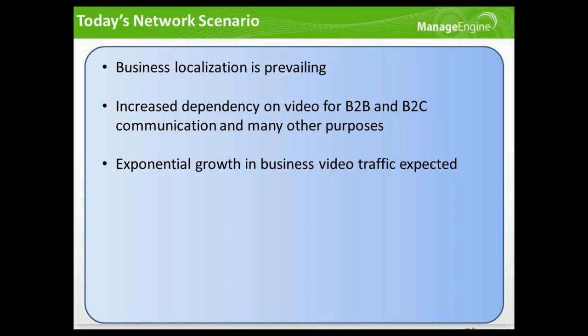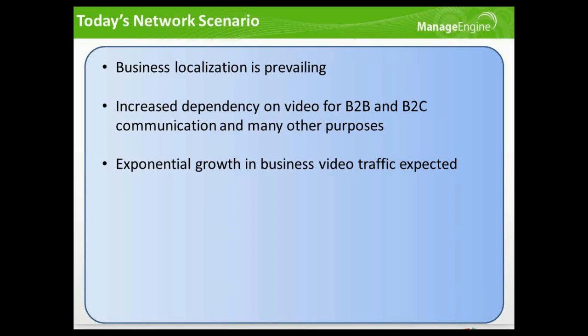So enterprises are now opting for video conferencing or video-based applications as the most preferred method for this communication. It's not just between branches, but also business-to-business and business-to-consumer communications and meetings, broadcasting a major event happening at your organization, or IP camera-based monitoring of one of your branches or your data center.